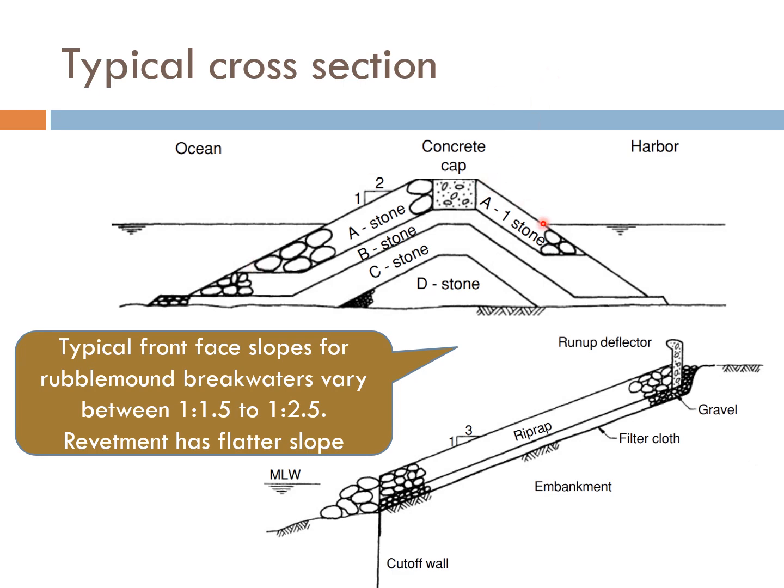The slope on the harbor side, on the other hand, can be steeper due to less energy exposure. For each of the layers, the thickness will also be determined so that there will be a certain number of quarry stones in each layer to provide sufficient interlocking property.